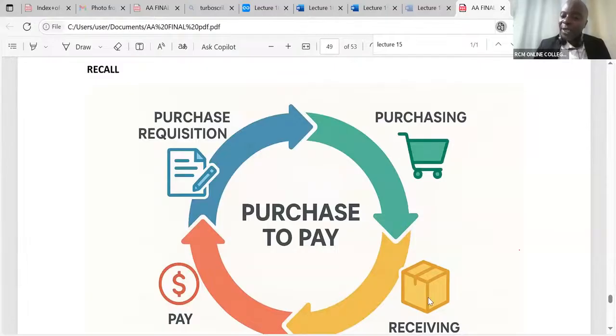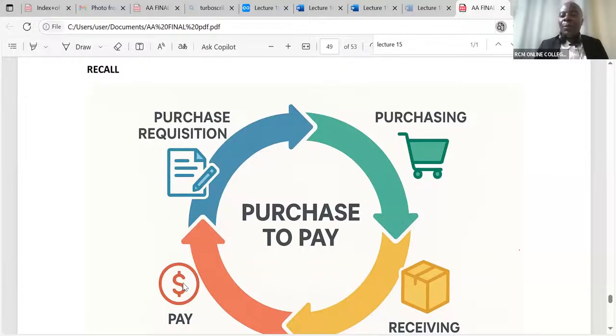The person receiving here, as you prepare your goods received note, you should be matching it with the PR, purchase requisition, and the purchase order. These 3 documents will be put together, plus the invoice that has been raised by the supplier and given to the accountant. So the accountant will be able to prepare a check.